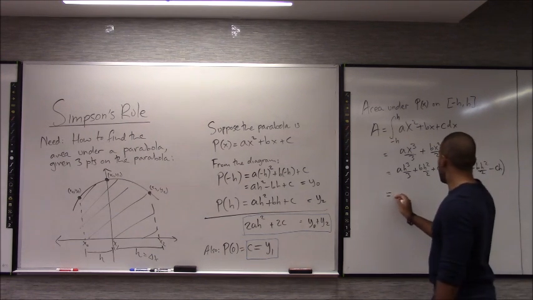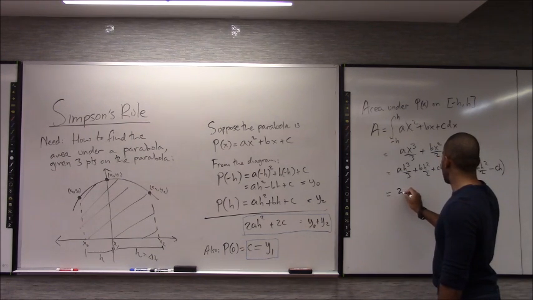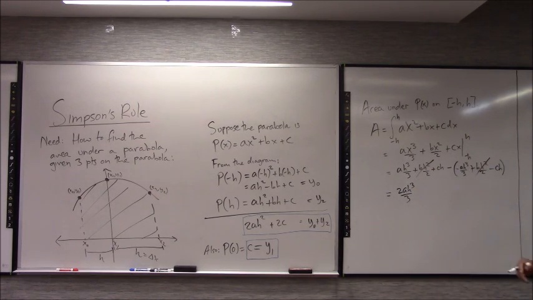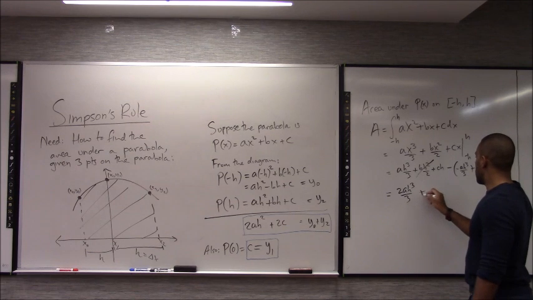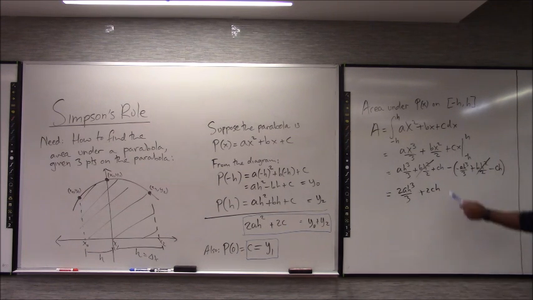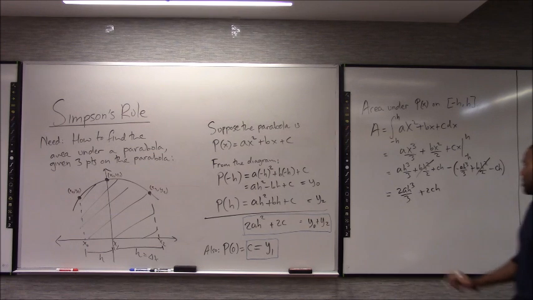If you combine these, you would get 2ah cubed over 3. These guys will kill each other, and then I will get 2ch. So turns out this is an expression for that area.